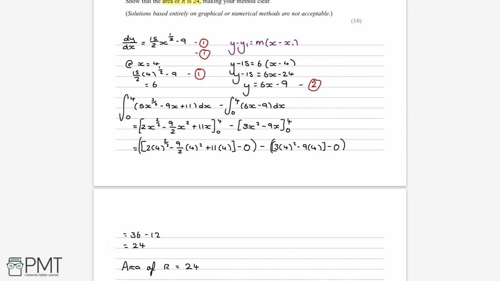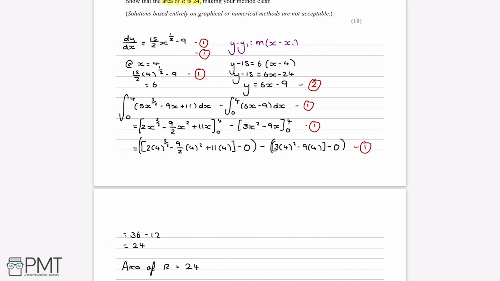We get a method mark for writing that out, and then a further answer mark for solving it, more specifically getting this bit right of the integration, because that's the more challenging part. So that's another answer mark there. And then actually solving the equation gives us a further method mark.